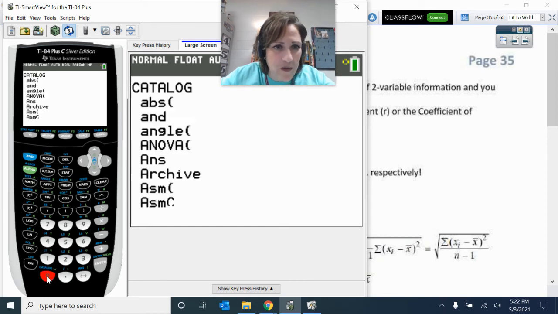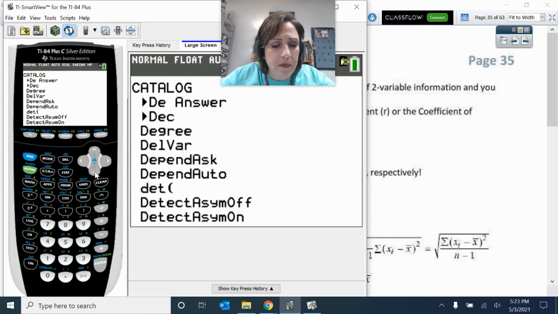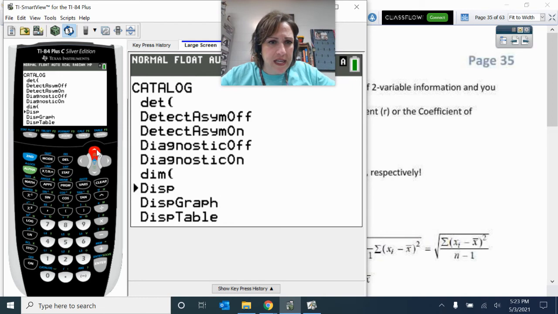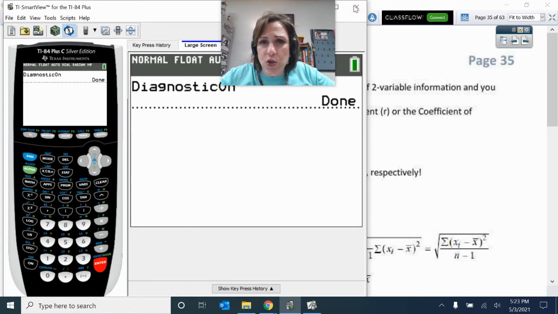Second 0 is the catalog. Scroll down to the letter D and then go on down to the diagnostics and hit enter to turn those on. All right, so there it is. So you want to go turn the diagnostics on. All right, so that is so that you can get that r and that r squared.